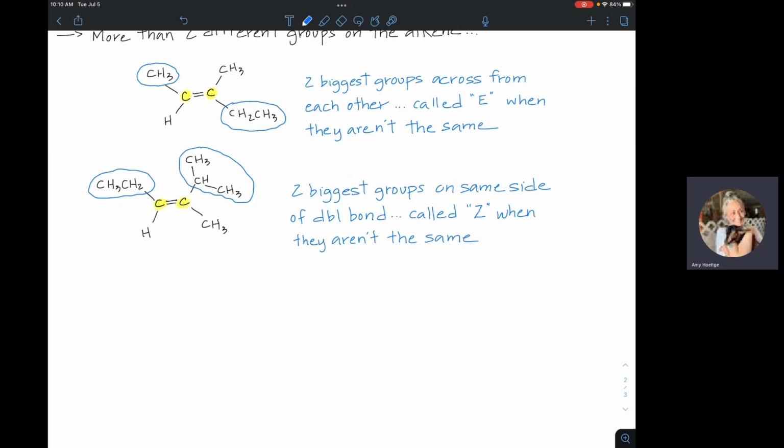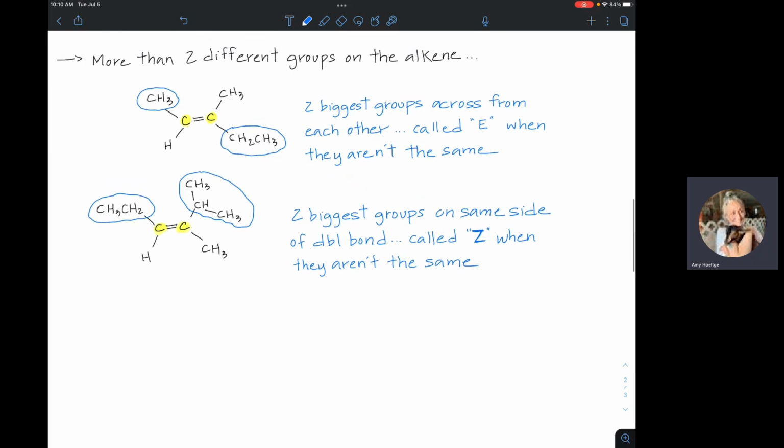Because a Z actually kind of looks like a trans isomer, but the letters themselves designate the position of the groups relative to the double bond based on the German language, right? Not just what the letter looks like.